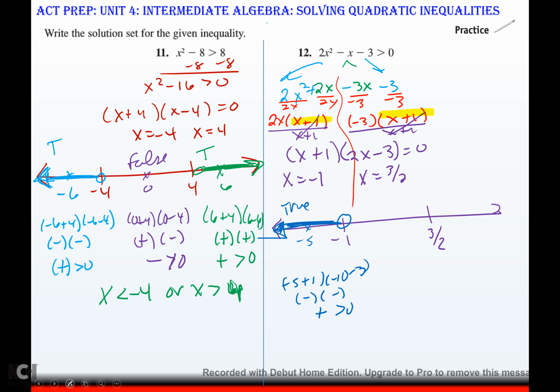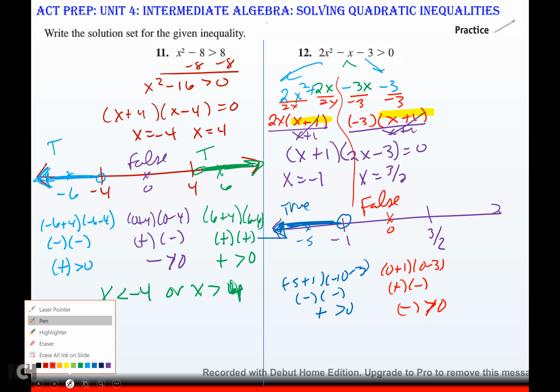Okay? Alright, then we test the middle. 0. So I have 0 plus 1, 2 times 0 would be 0 minus 3. That's a positive. That's a negative, which is a negative, which is never greater than 0. So this section is false. And my upper section, if I test it, I'll pick 3 halves is 1.5, so I'll pick 2.